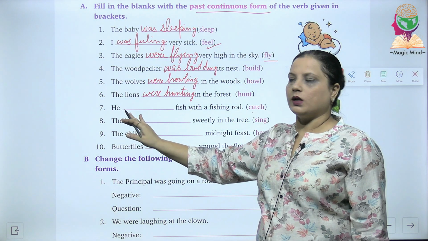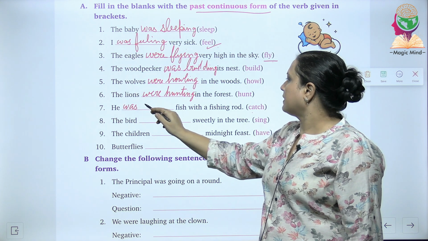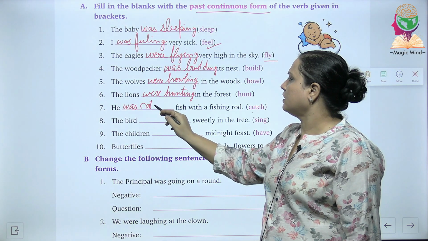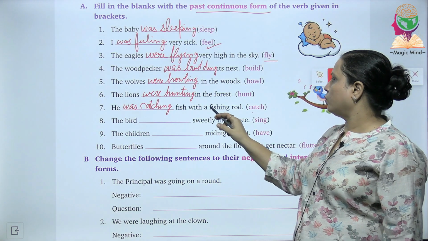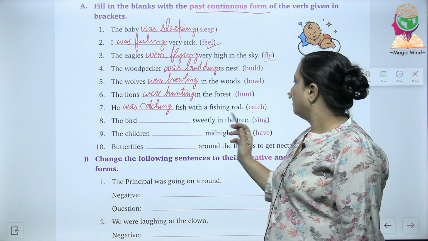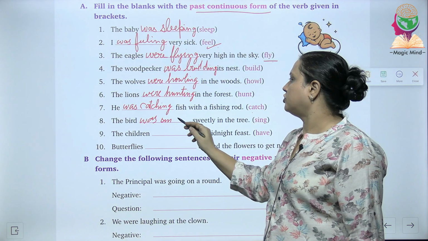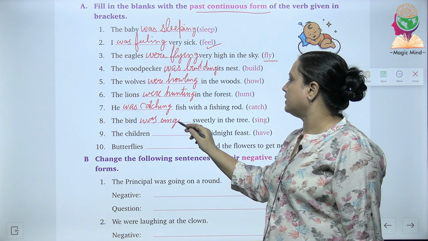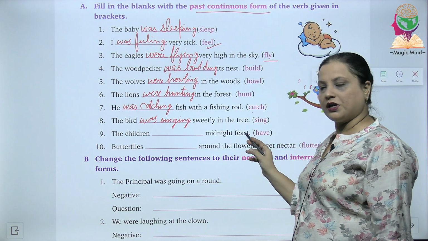Then the seventh one, he was catching fish with a fishing rod. The bird was singing sweetly in the tree.